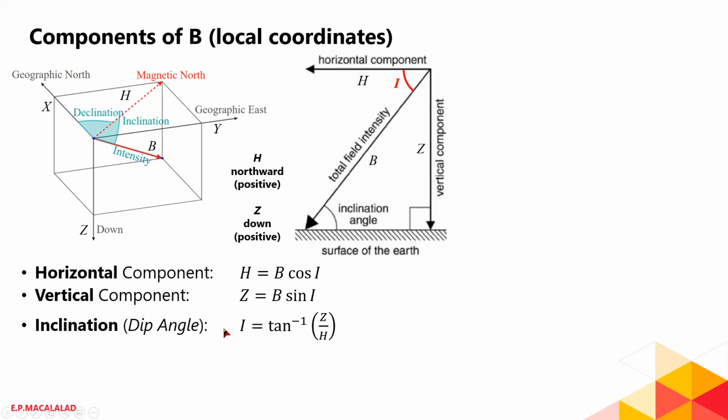Okay, so how important is I? Let's say we place several compasses from the magnetic equator up to the magnetic pole. The compass will be directed in different directions.